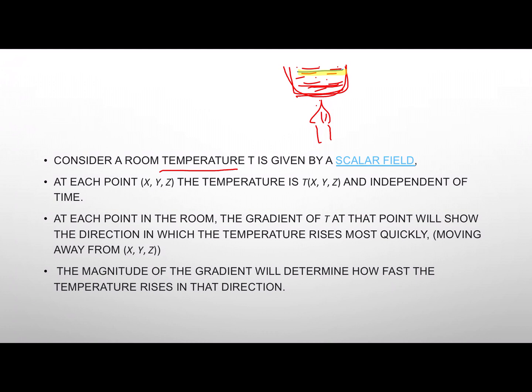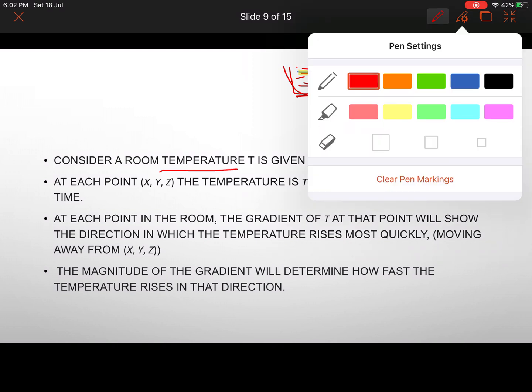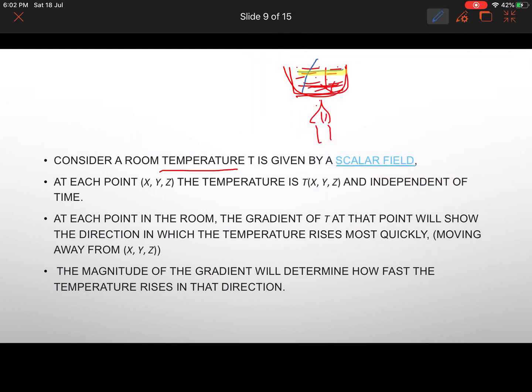What does it mean? If you move in this direction, temperature is increasing, whereas in this direction temperature is reducing. If you move downwards, because here you have the flame.